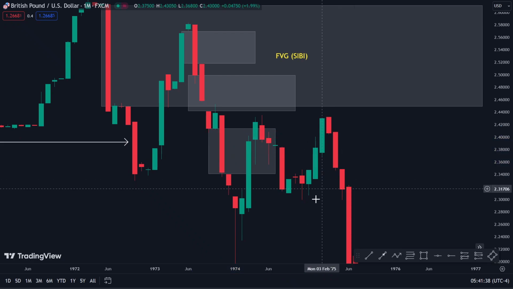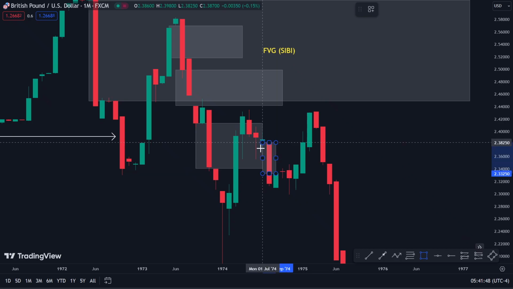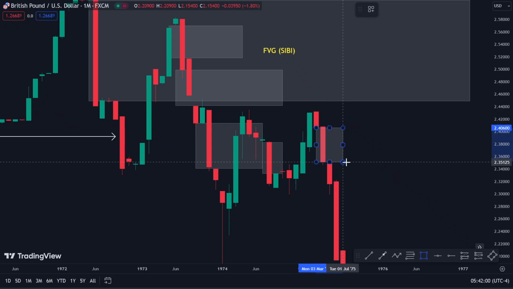We have one over there, and we also have a fair value gap. We have one over there. We equally have one over here. That's our fair value gap.